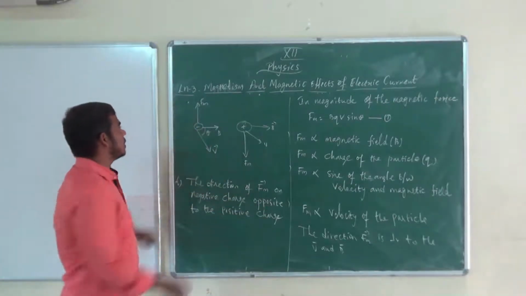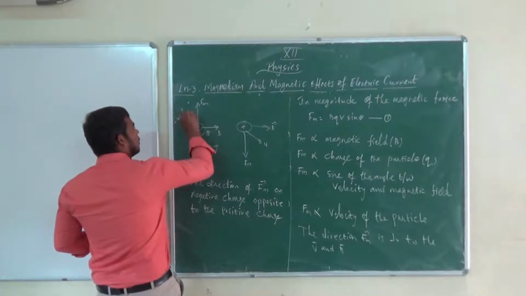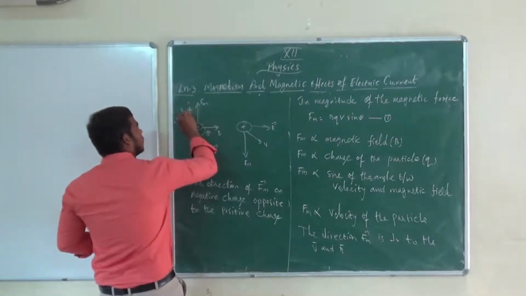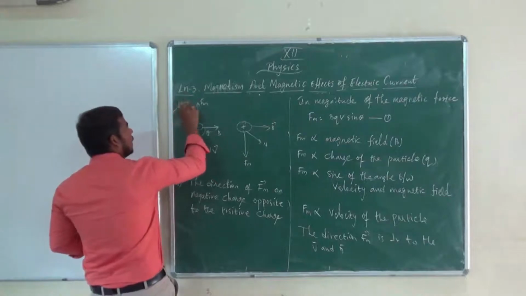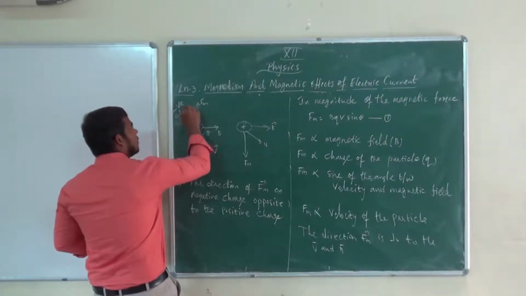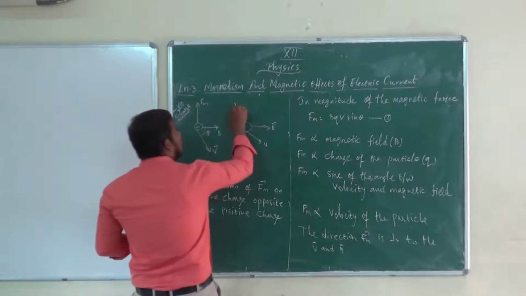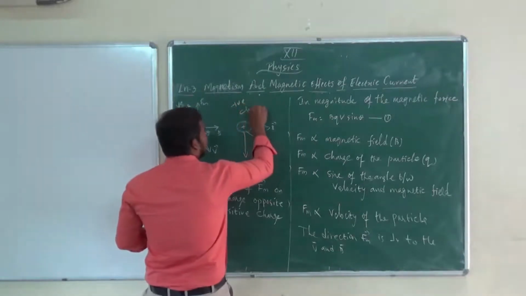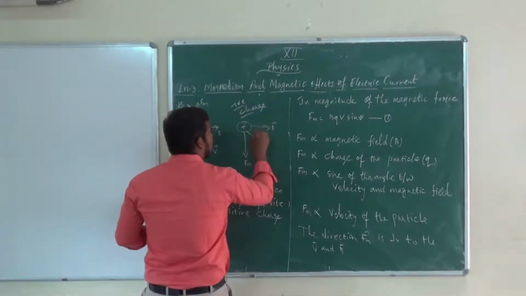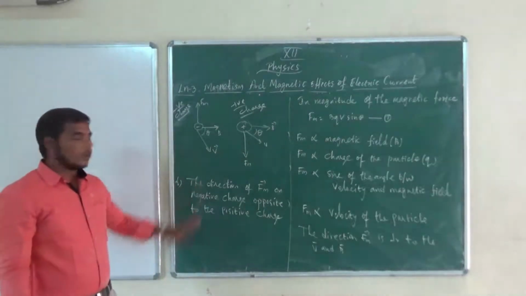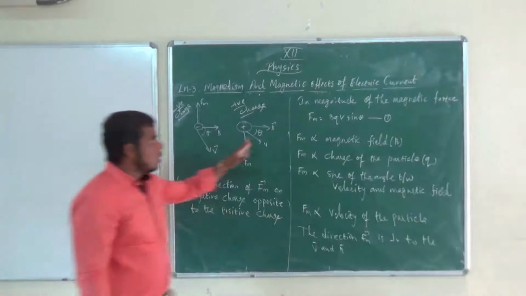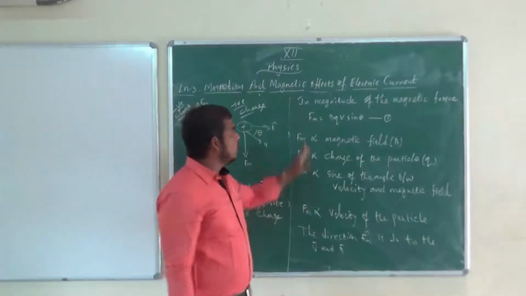See the diagram. This is the negative charge, and this is the positive charge. If you have any doubt up to the sixth point, let me go through it.